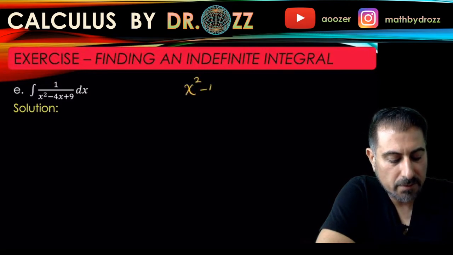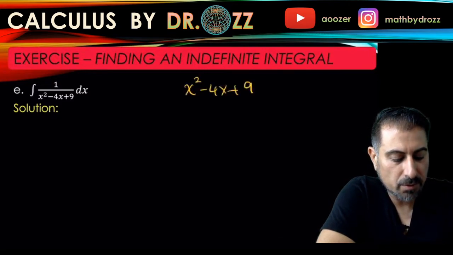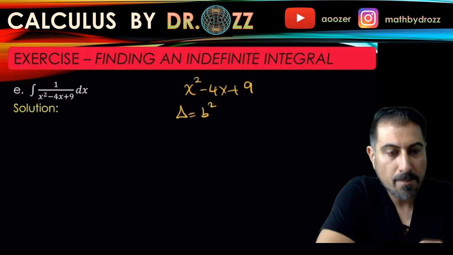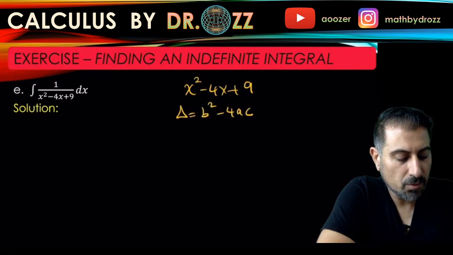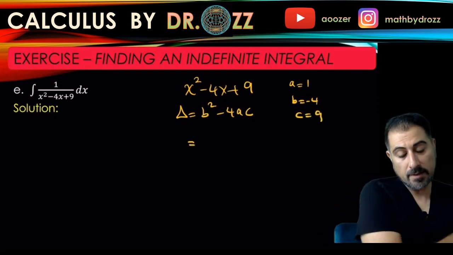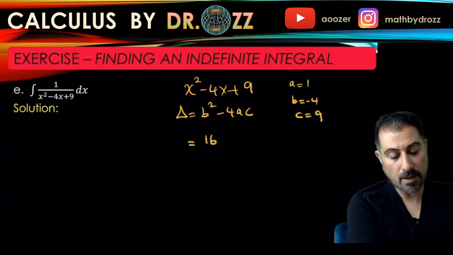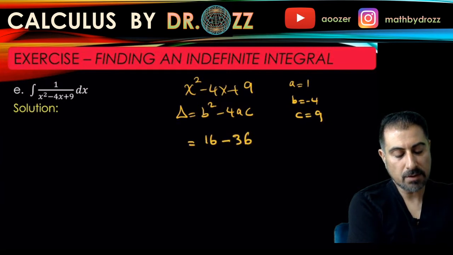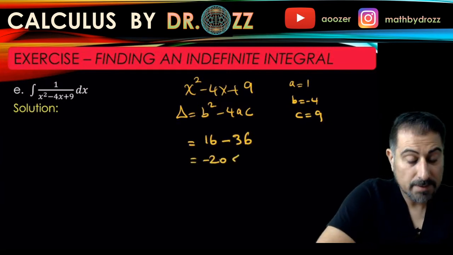So you have the discriminant, which is written as b squared minus 4ac. Here a equals 1, b equals -4, and c equals 9. And b squared is 16 minus 36 is what the discriminant is, and you don't have any real roots. That's minus 20, less than 0.